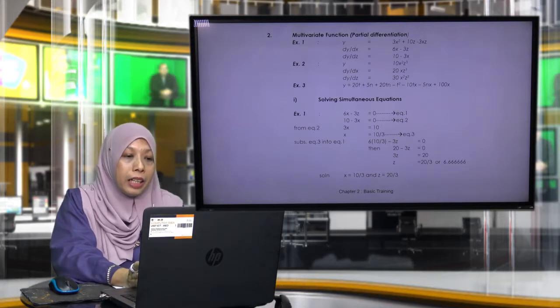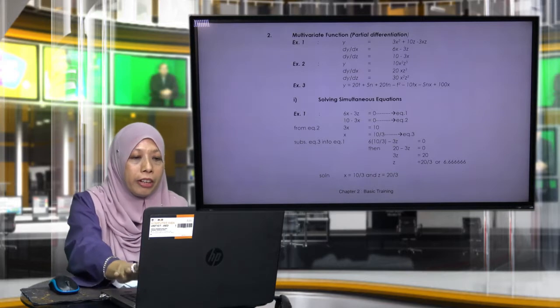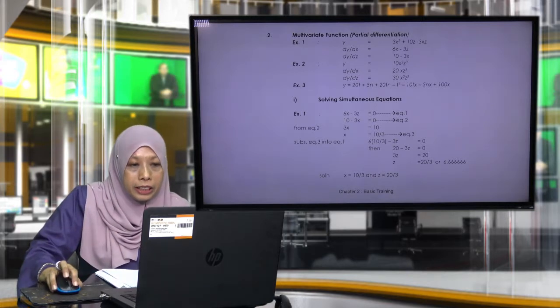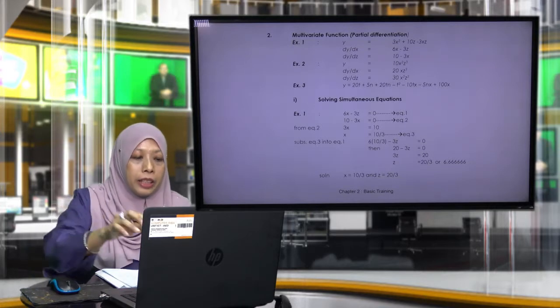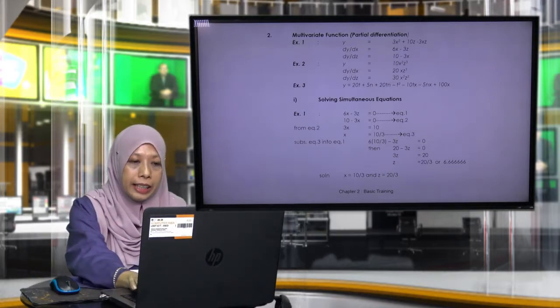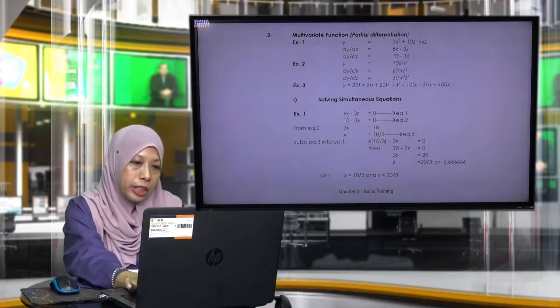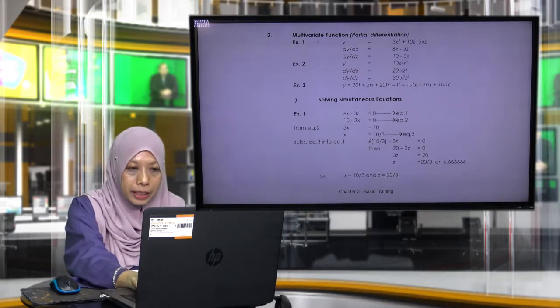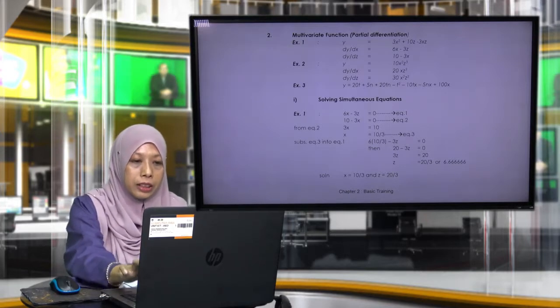Remember that now we are differentiating the y function with respect to z, and when we are doing that, we need to assume x as a constant. So we have already differentiated the y function with respect to z. Now if you simplify this, you're going to get 1 minus 1 times 3x times z to the power of 0.